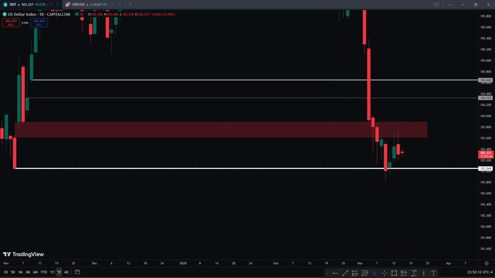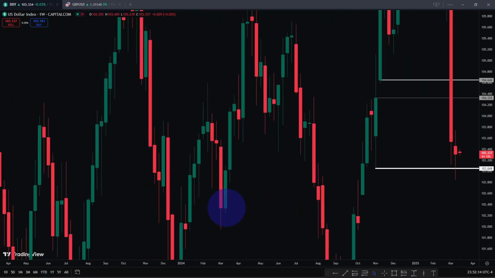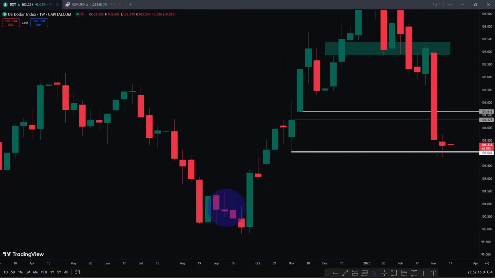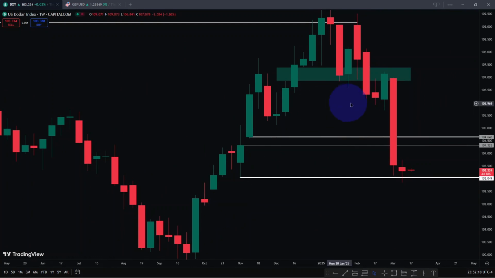Because what we're trying to do here is make a continuation. We're looking for levels that we can get in and continue these weekly buys, because we're bearish basically.